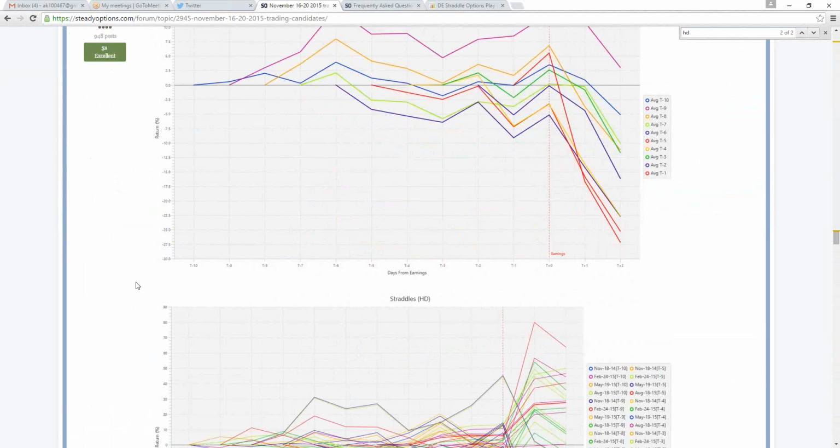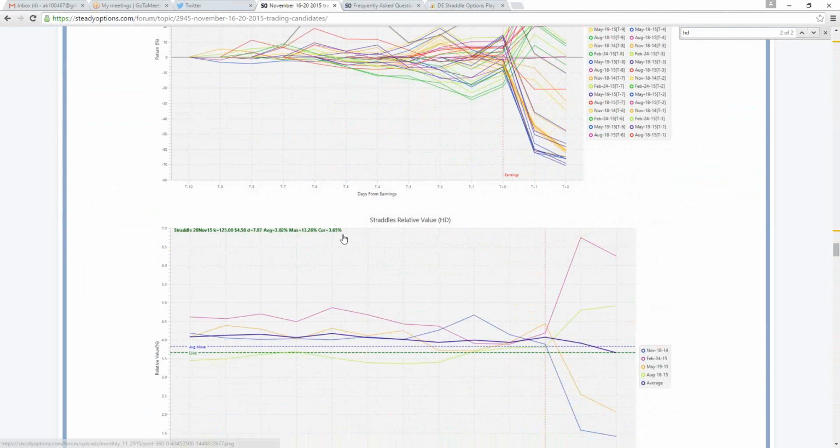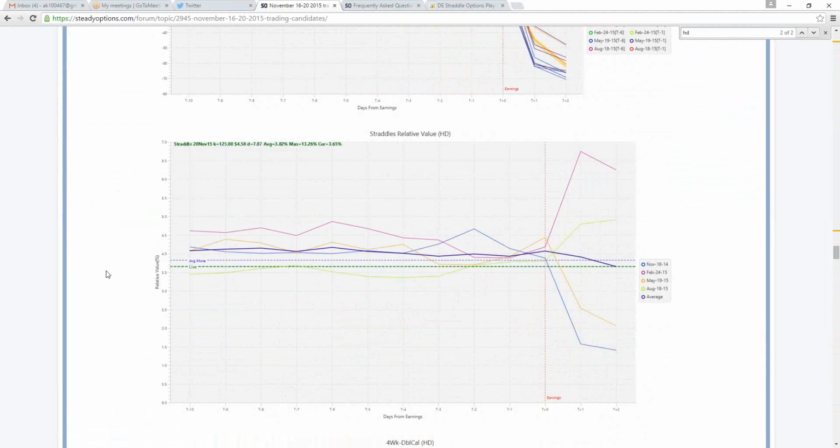Okay. So straddles, let's see, relative value. So the relative value for the straddle, let's see, current is 3.65%. Yes, okay.